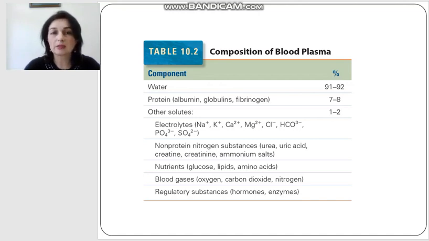Actually, the non-protein components of the plasma leave the bloodstream to form extracellular fluid. But albumins create osmotic pressure, which decreases the amount of fluid leaving the bloodstream. So they are responsible for maintaining a low amount of extracellular fluid.